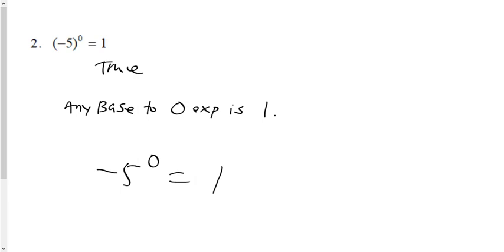The base is not negative 5. If it was negative 5, there would be brackets around it. Because there's no brackets, we need to interpret this as being the opposite of 5 to the exponent of 0. So therefore, this would be this, right? Not 1. So you got to be careful. If you're talking about any base, if it's negative and it's a base, it has to be in brackets. If it's not in brackets, it will always be a negative in standard form.